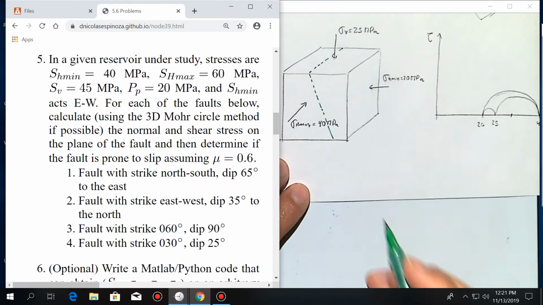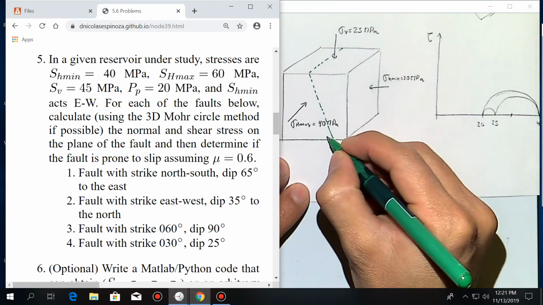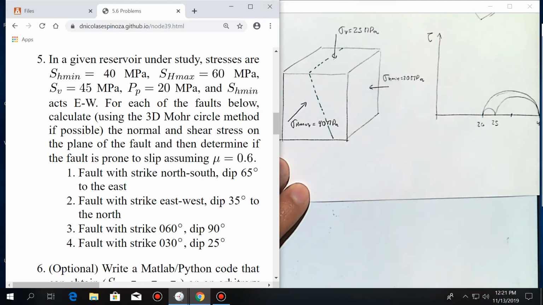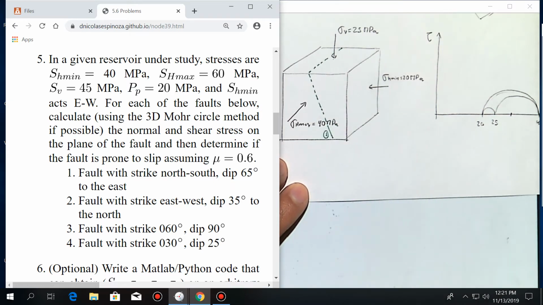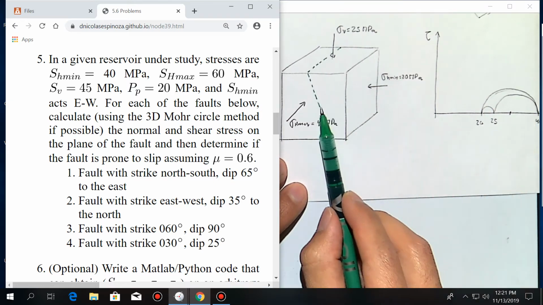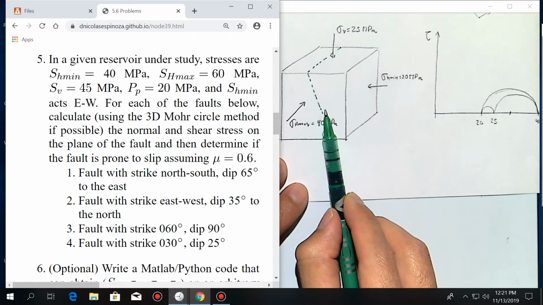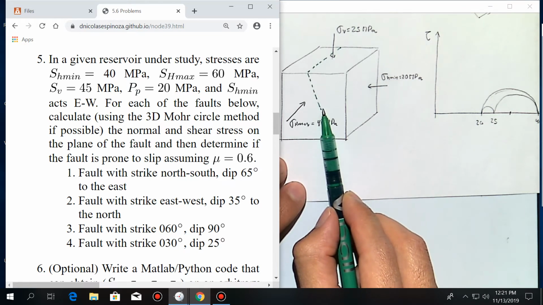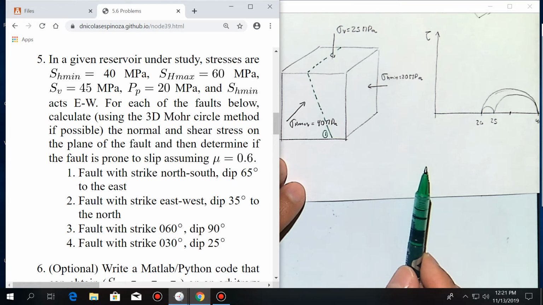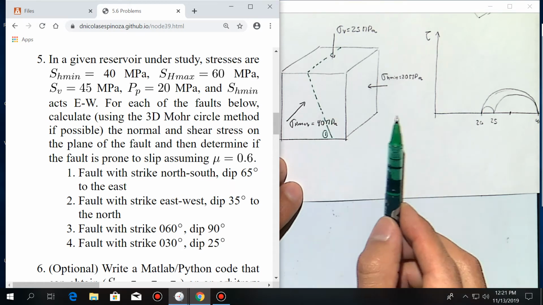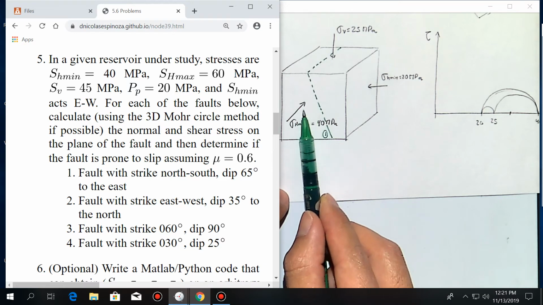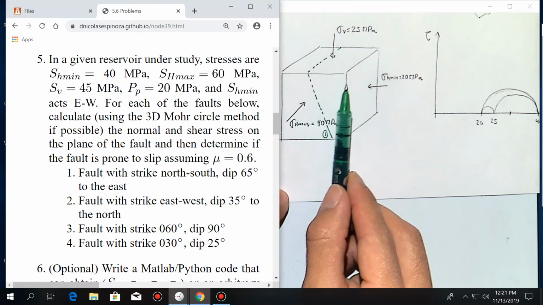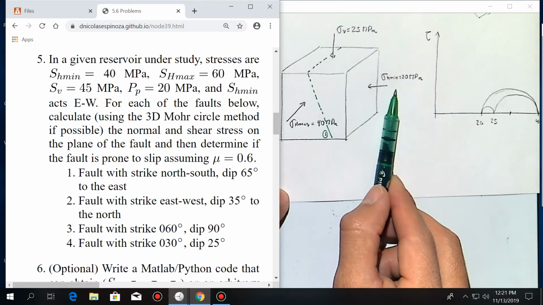Okay, and let's call this one number 1. In order to solve for normal stress and shear stress on this one, you have to see if, first of all, it is aligned with one of the principal stresses. And it is, it's aligned with this one. And the solution just depends on sigma V and sigma H min.